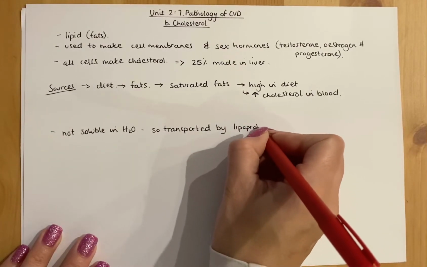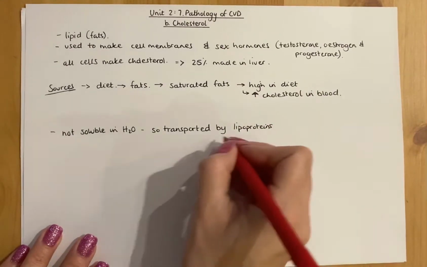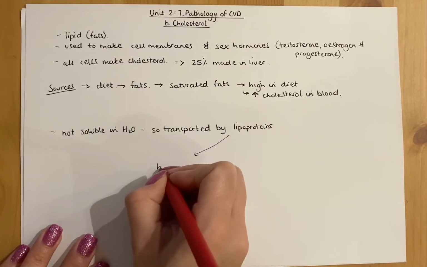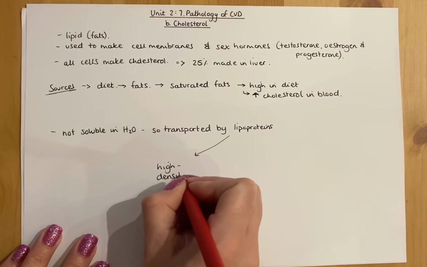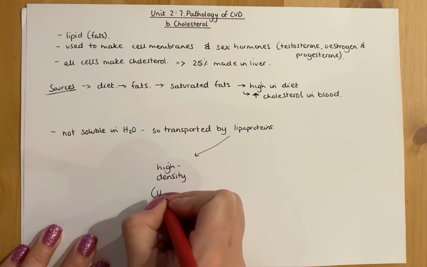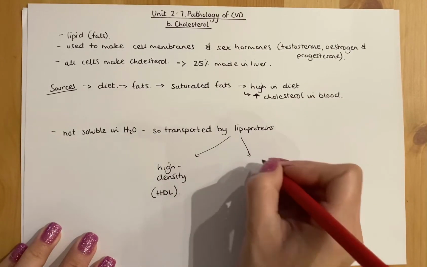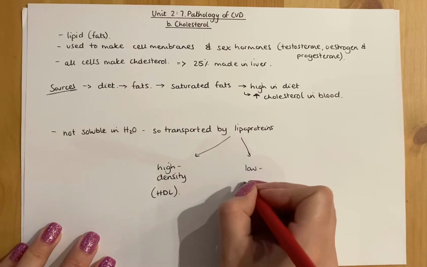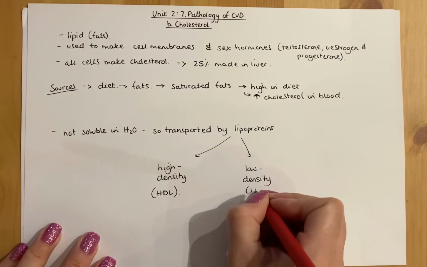You can shorten these and use these shortened names, it's completely fine to do that. There's high density, which is referred to as HDL, so high density lipoprotein. And you have low density lipoprotein, which is therefore called LDL.